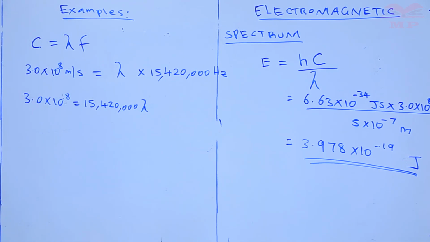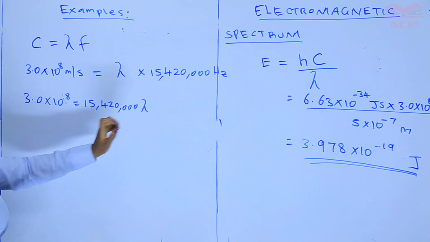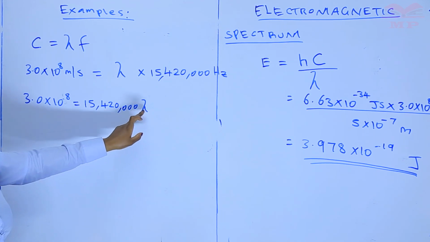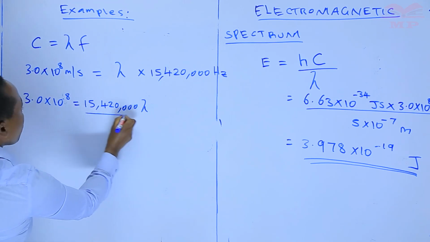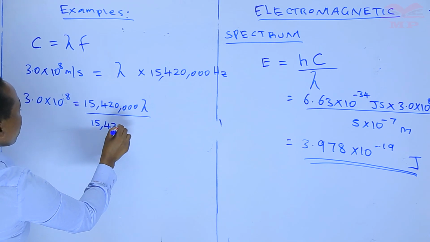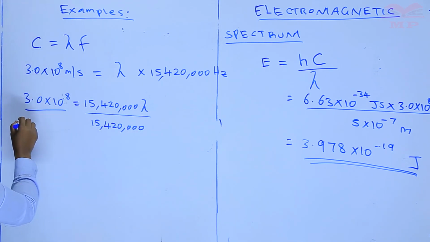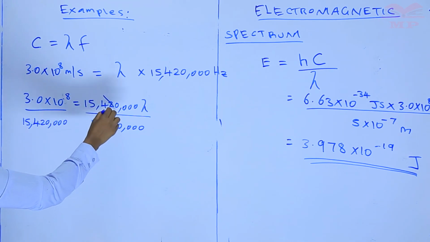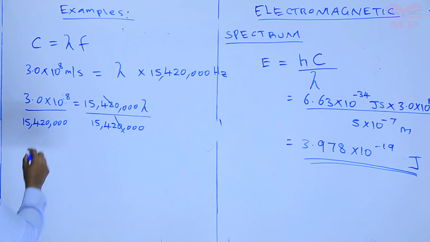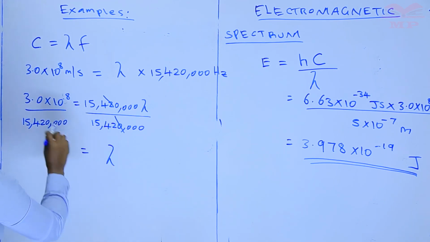We want to get the value of lambda, and therefore we divide both sides by 15,420,000. Of course this and this will be 1, so it cancels. So we remain with lambda equal to 3 times 10 power 8 divided by 15,420,000. So again, you just pick your calculator and we feed this.